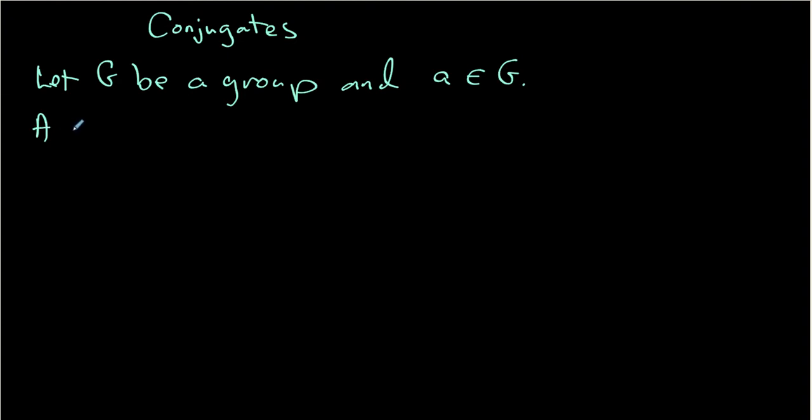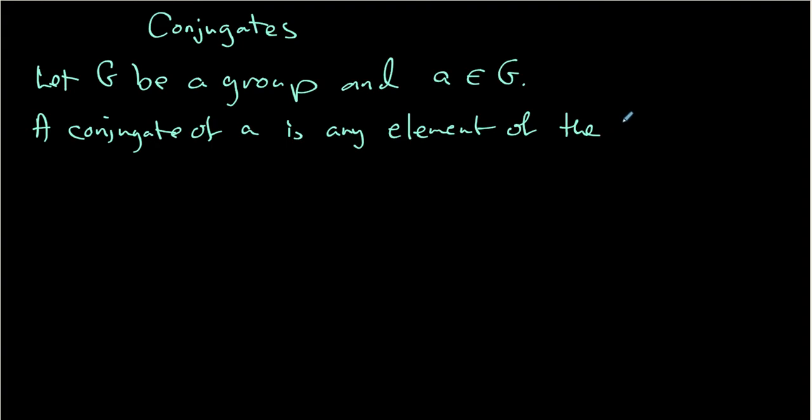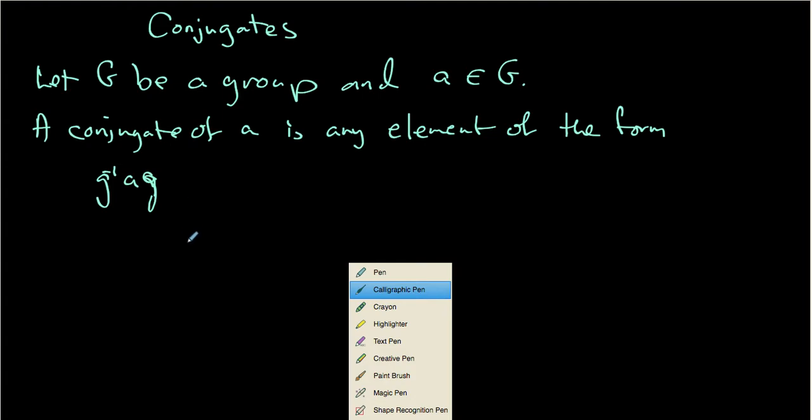A conjugate of a is any element of the form G inverse a times G. Let's write that a little bit clearer.